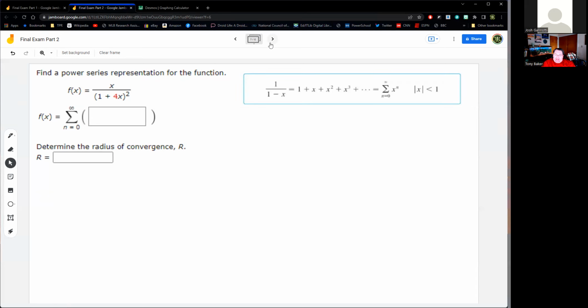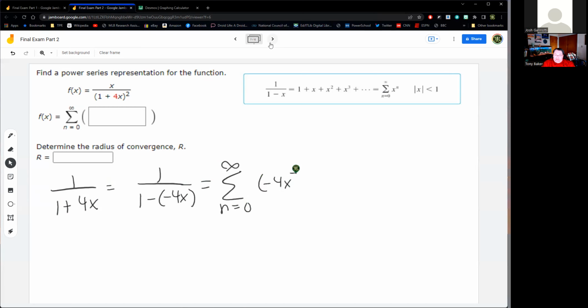So I can take 1 over 1 plus 4x, which I can then rewrite as 1 minus negative 4x. I know that equals the summation of negative 4x to the nth power.